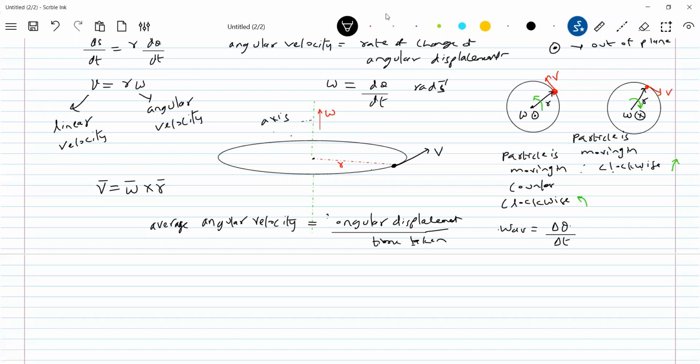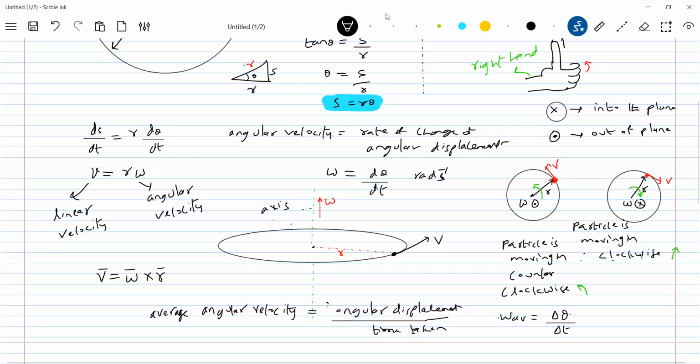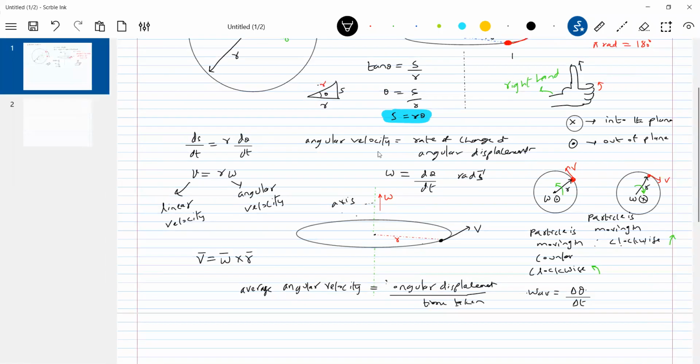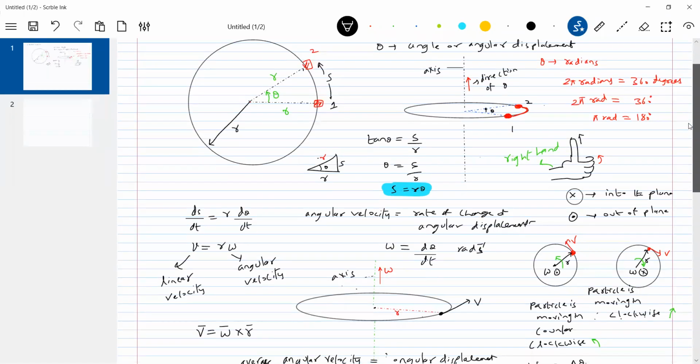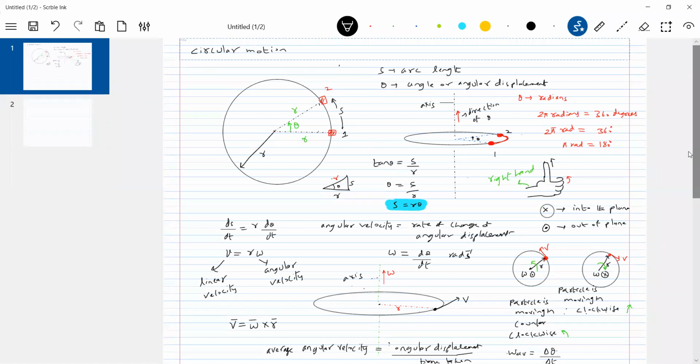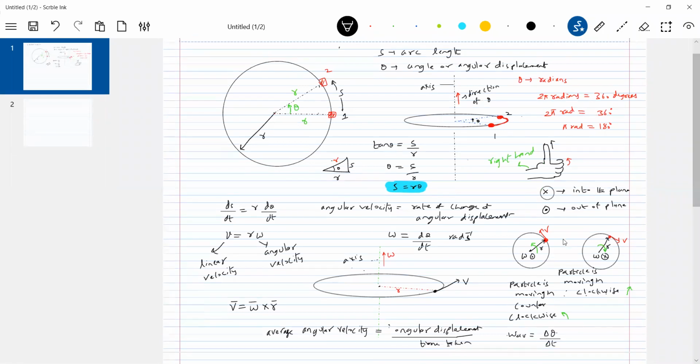Now you see that usually we prefer the vector notation. The vector notation means we give maximum priority to it, everything in vector form. But here, if I go for vector form, what is the problem I'm going to encounter? This is only the basic idea of linear velocity and angular velocity.